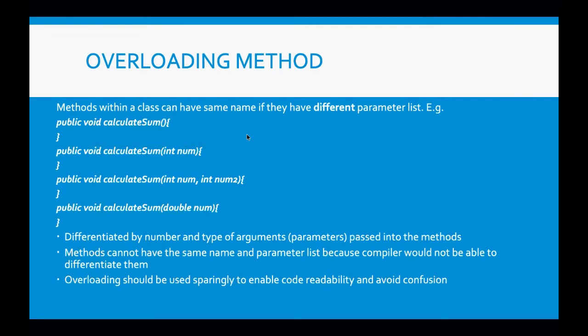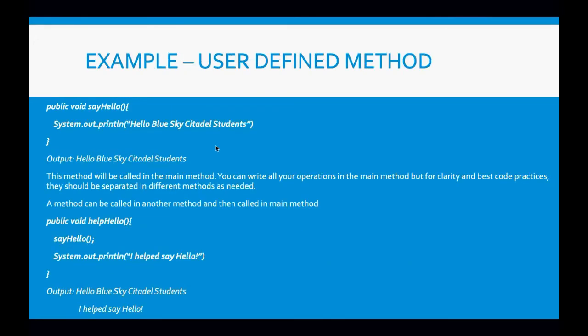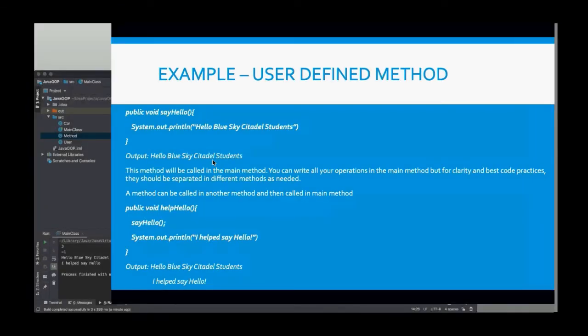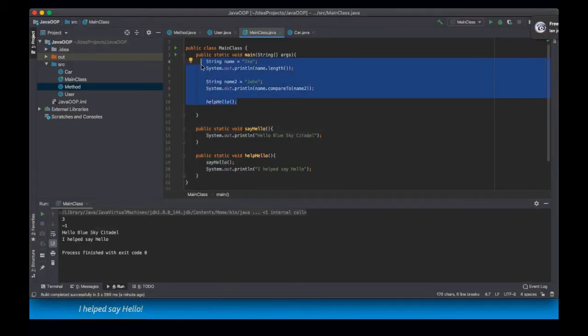One thing to note is you can write most of your operations in the main method, but for clarity and for best code practices, it's always better to separate your code and put it in methods and then call them.